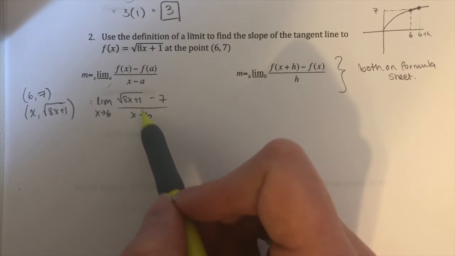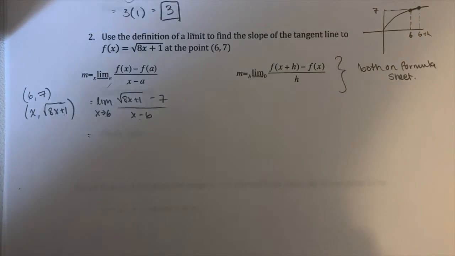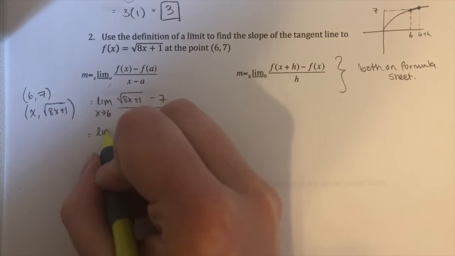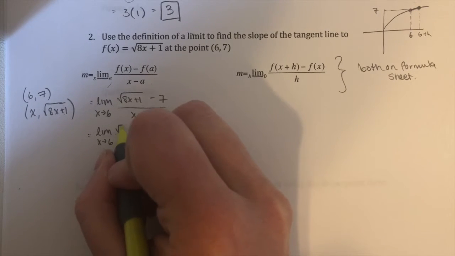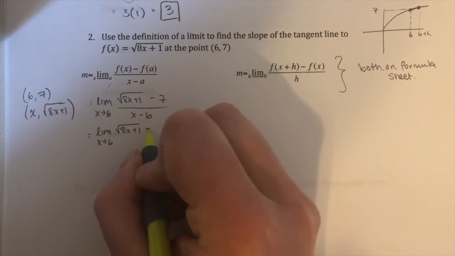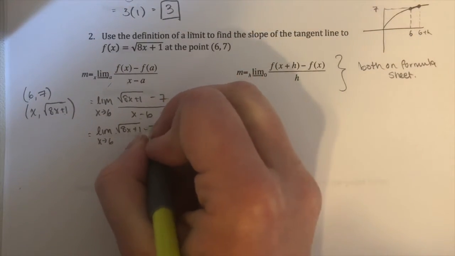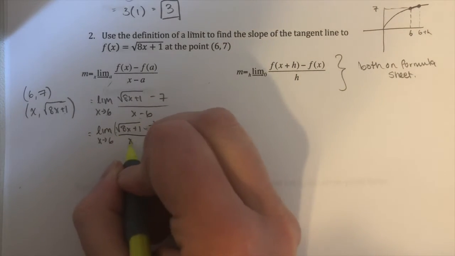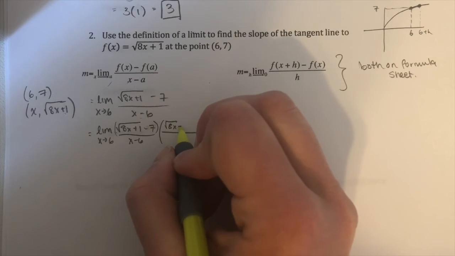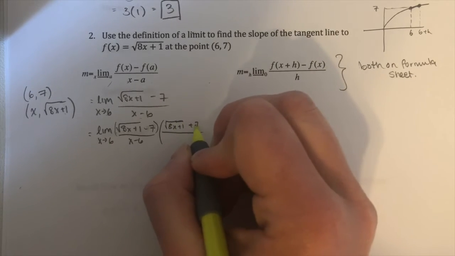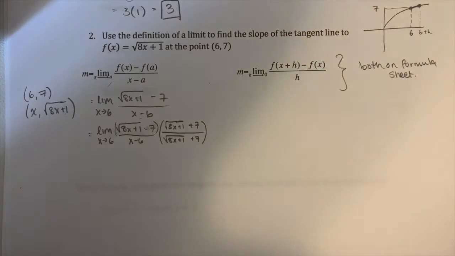If I plug a 6 in, I get 0 over 0. So I have to manipulate. This is another situation where we're going to want to use the conjugate. So we're going to have root 8x plus 1 minus 7 over x minus 6, and we're going to multiply all of this by root 8x plus 1 plus 7 over root 8x plus 1 plus 7.